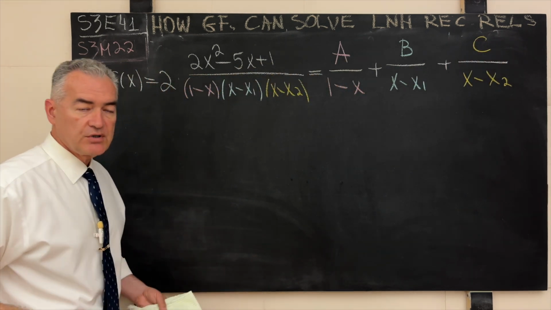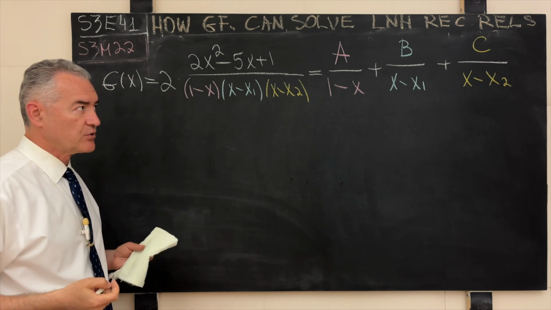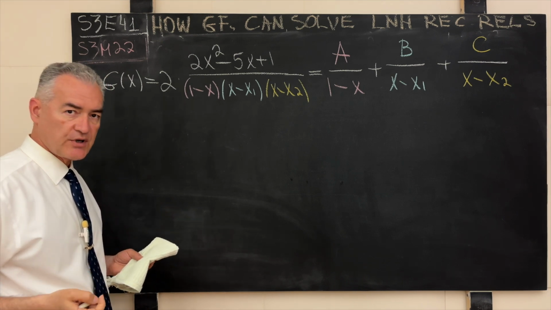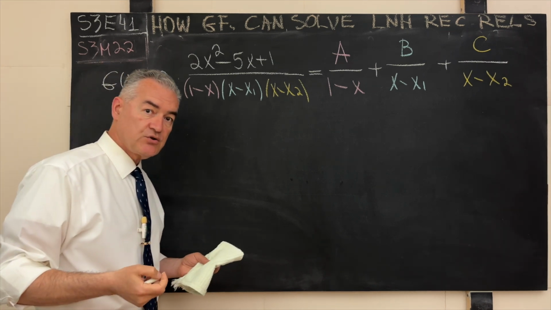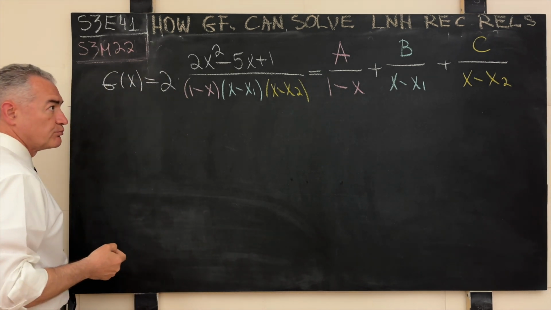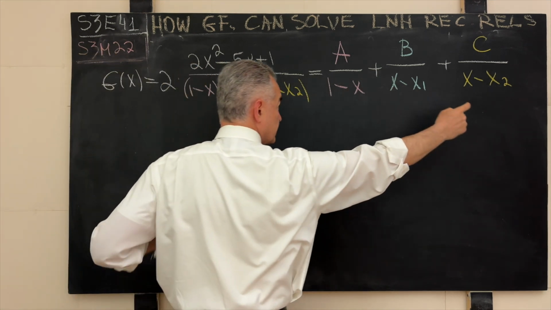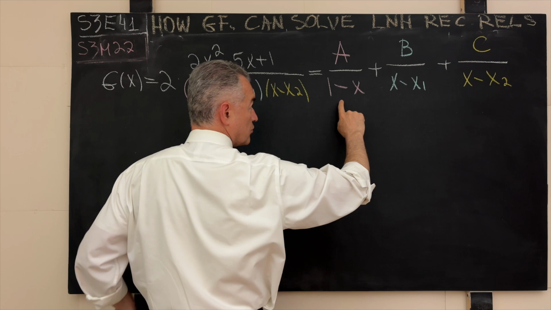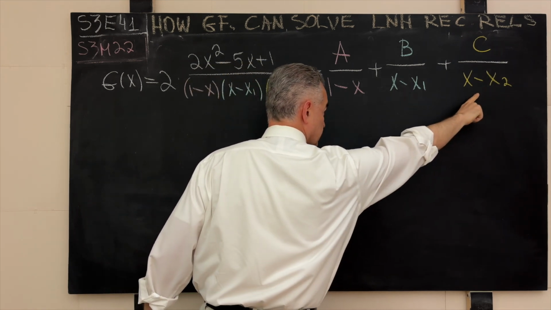The way we do it is good to be familiar with, because you will see it on and on again in complex analysis, for example, where you will be coming up with ways to compute residues of holomorphic functions at certain poles. So the idea here is the following. We multiply both sides of this representation by one of these denominators, 1 minus x, x minus x1, or x minus x2.